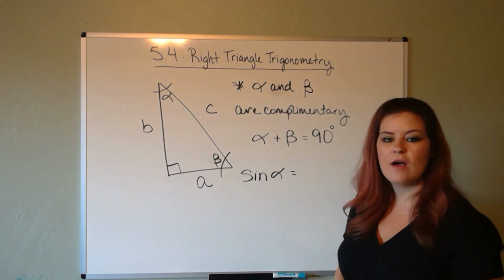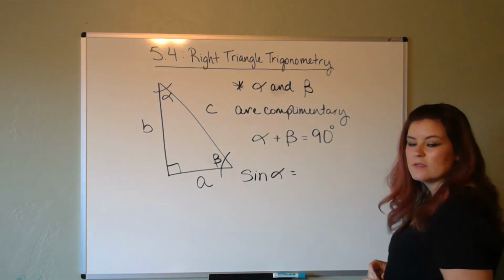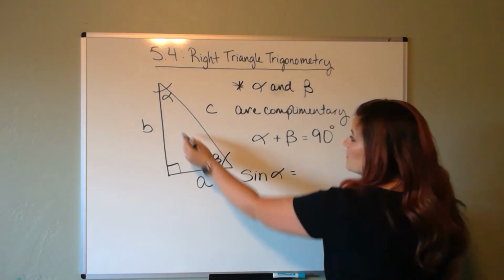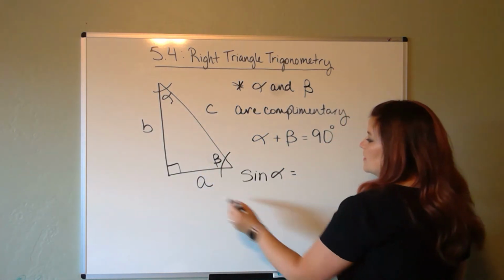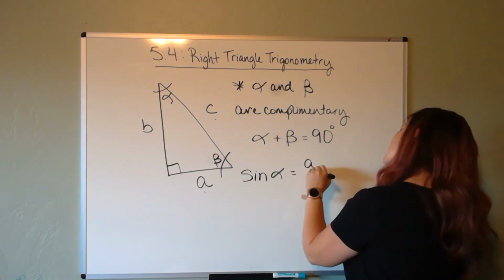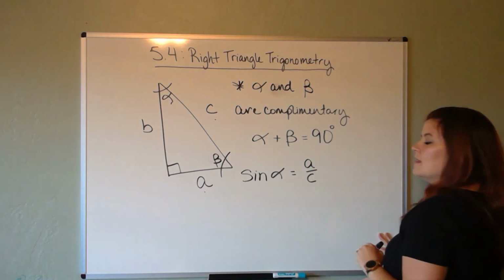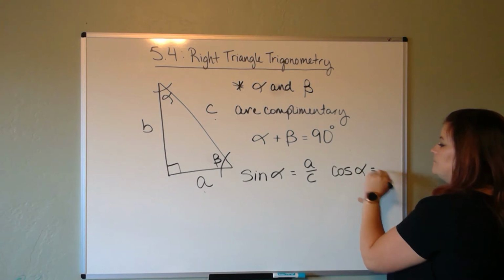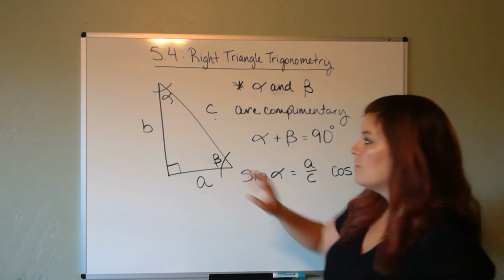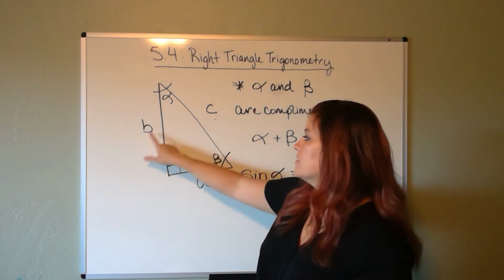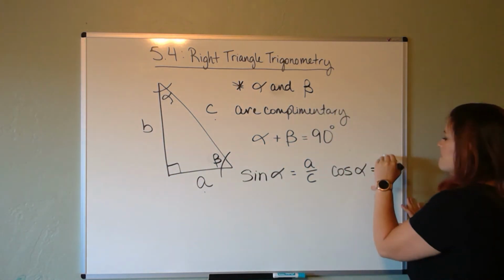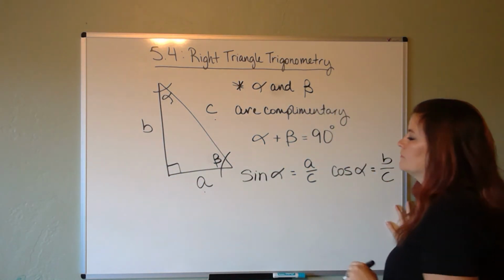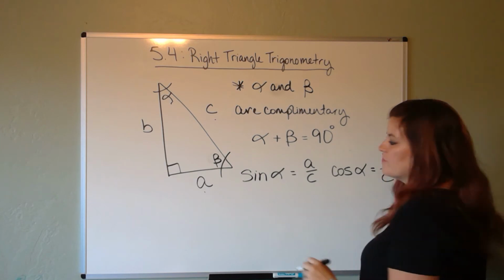Let's find the sine of alpha. Sine is opposite over hypotenuse. So the sine of alpha, remember that's this one up here, is A over C. Let's find the cosine of alpha. For alpha, adjacent over hypotenuse is B over C. Let's find the sine of beta.